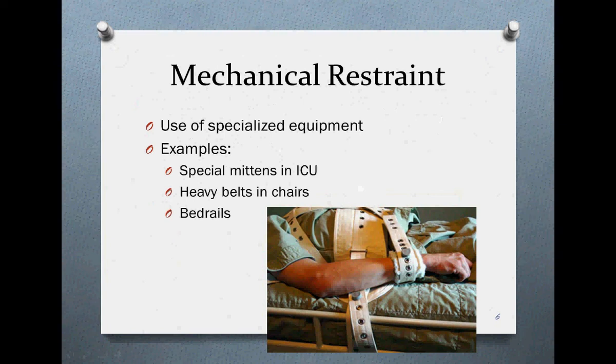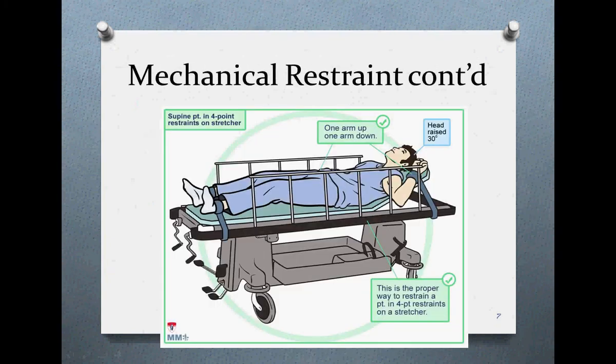This is to prevent a patient from falling from a bed. This is how you restrain a patient to a bed. You can see that the arms and the legs are tied down, and also the use of bed rails.